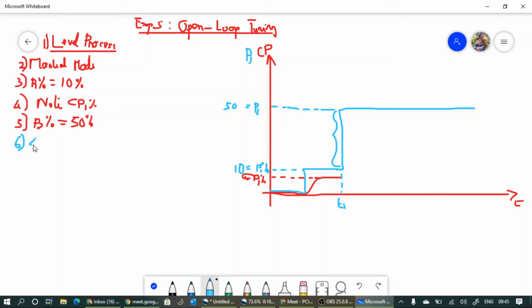So delta P in percentage is equal to P2 in percentage minus P1 in percentage. Both are in percentage. Delta P is the step input that we had given to the process. Is it clear?